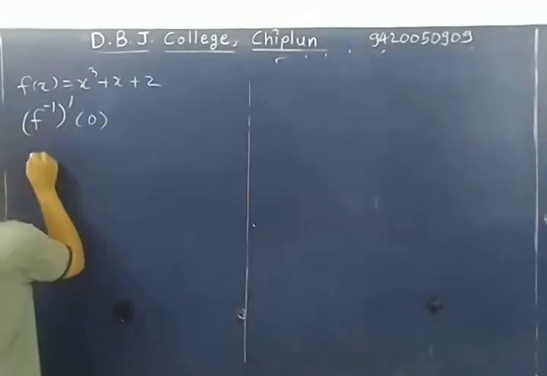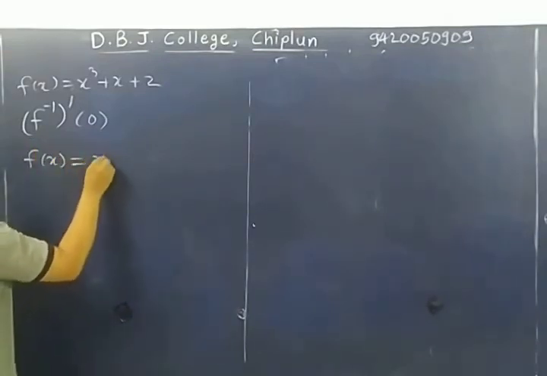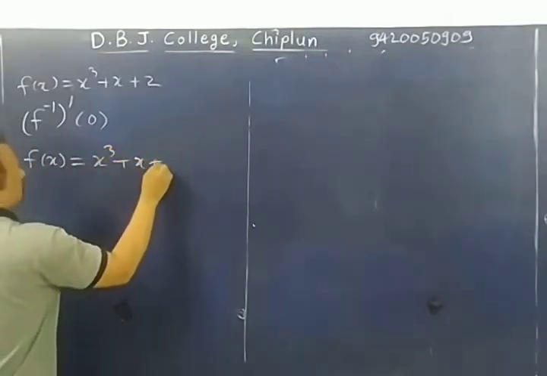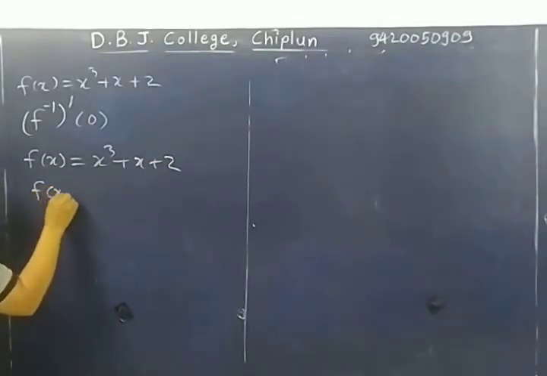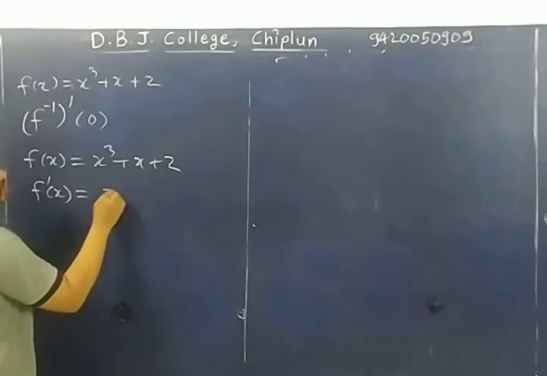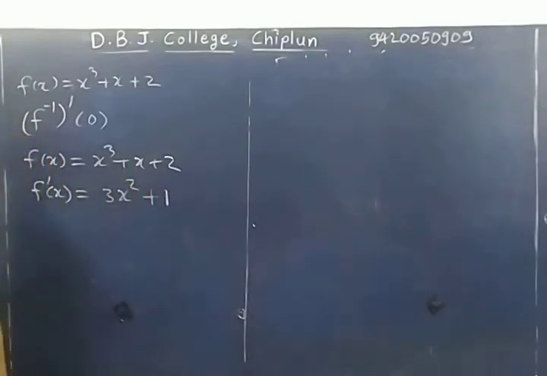F x is given to us, so x cube plus x plus 2. Differentiate this with respect to x. We get f dash x is equal to 3x square plus 1. Now we want the derivative of f inverse.